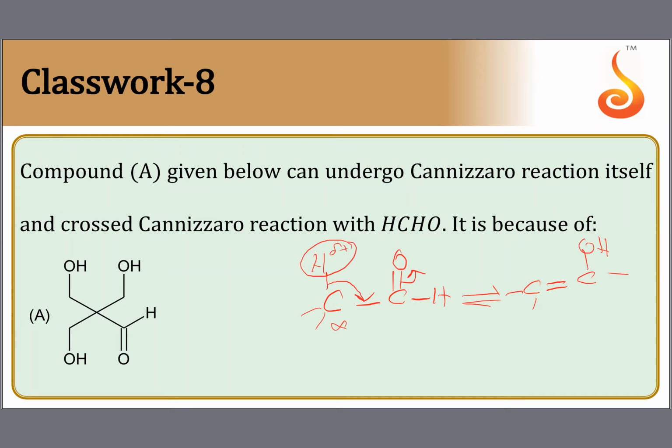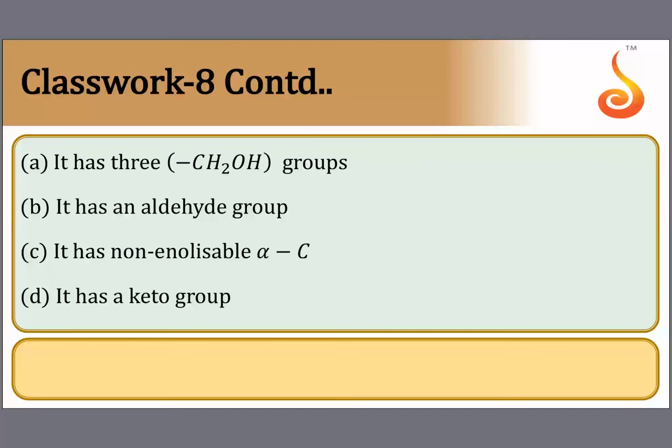In this compound A, this is the alpha carbon. There is no alpha hydrogen. Enolizable hydrogen is not there. That's why it undergoes the Cannizzaro reaction. That is the main reason. It has a non-enolizable alpha carbon.